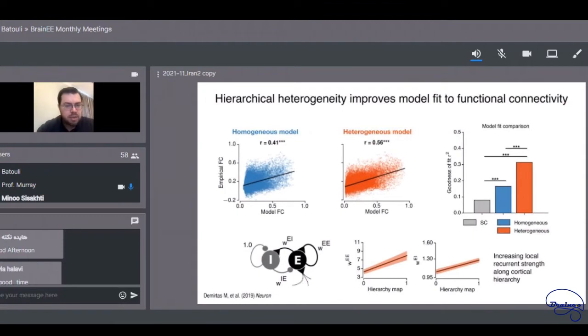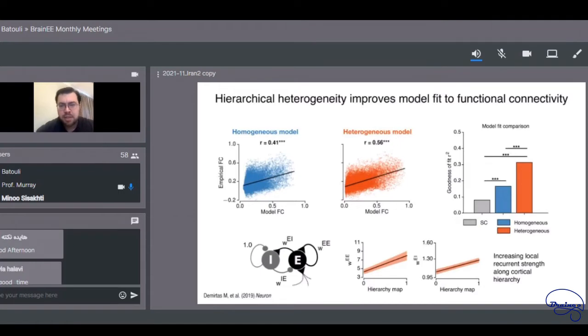What we found is that we can pretty substantially increase the fit to the empirical functional connectivity if we allow this hierarchical heterogeneity of parameters, right? So for the goodness of fit, we do better than comparing functional connectivity to the structural matrix alone if we simulate the dynamics as we go to homogeneous, but we do even better if we simulate this local variation following the hierarchy, right? And so the model is able to do this after fitting by increasing the local recurrent strength as you go up the hierarchy, which fits with our prior hypothesis.